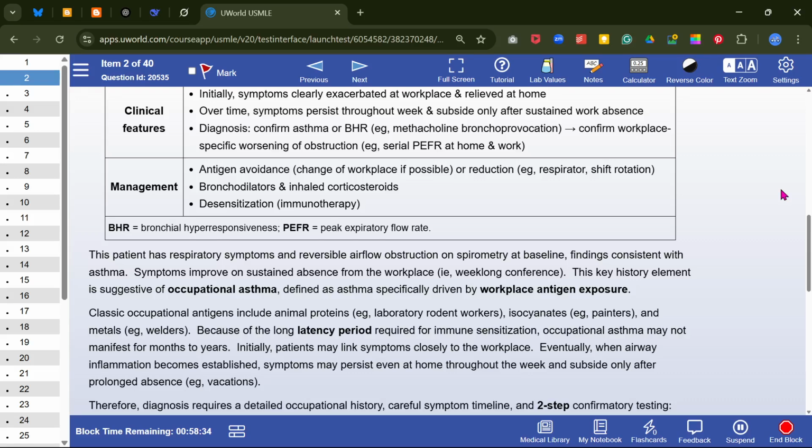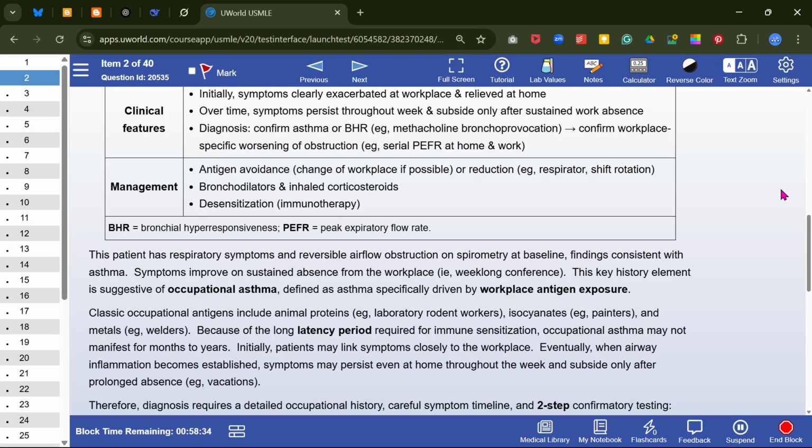Classic occupational antigens include animal proteins in lab rodent workers, isocyanates in painters, and metals in welders. Because of the long latency period required for immune sensitization, occupational asthma may not manifest for months to years.